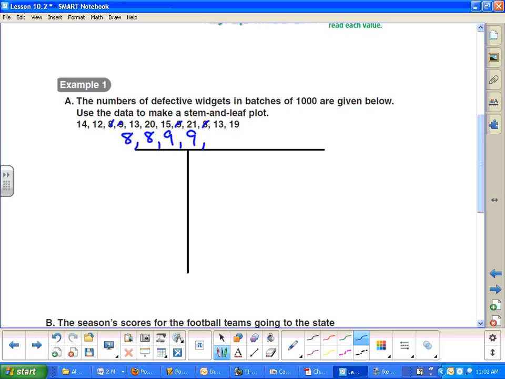All right, 2 13s. 14, all right. 15. 19, 20, and 21, right? Okay. So 19, 20, and 21. All right.